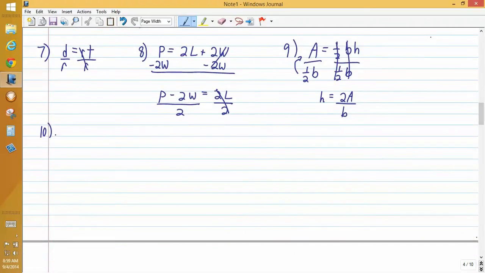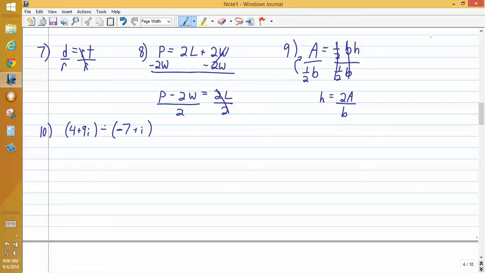Number 10, adding complex numbers. 4 plus 9i minus -7 plus i. Before I add like numbers, notice that I have a minus here. I'm subtracting.